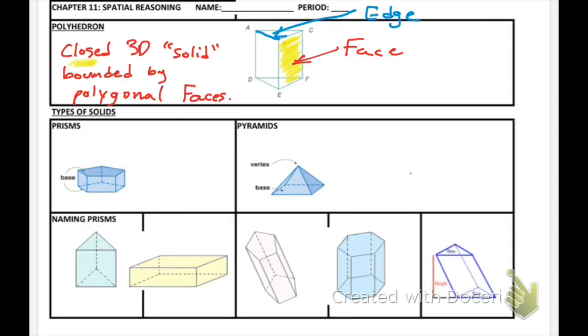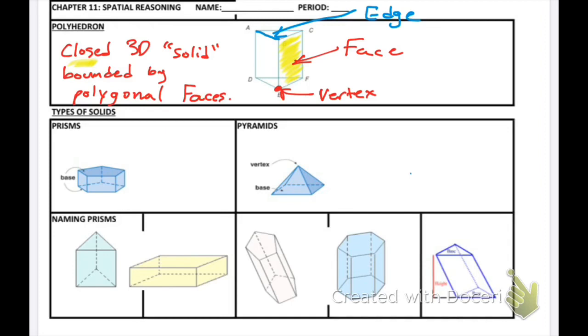Now the last one we have is a vertex, or vertices. Your vertex is the pointy parts on your shape. So that would be a vertex. The vertex is the corners of your shape, basically. It's where everything comes together at a specific point.